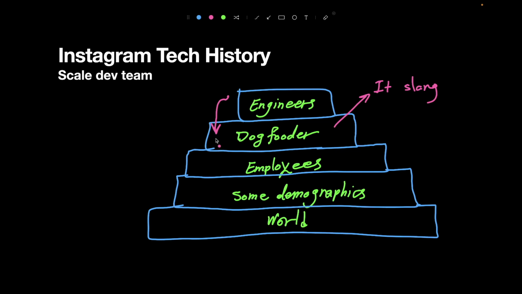After testing by dogfooders, the employees test that feature, and if there is no error, they send it to be tested by some demographics. And if all those tests pass, they can release that feature to the whole globe. So load testing and unit testing are also main parts of feature shipping.